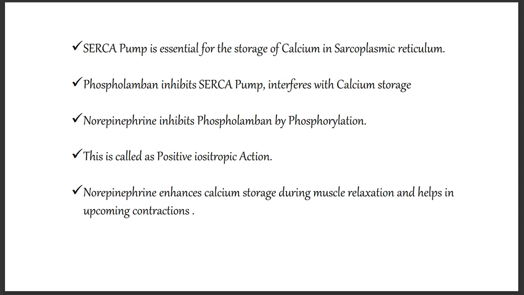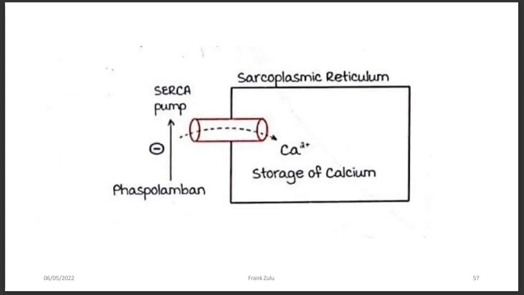And that is known as a positive inotropic action. Norepinephrine is going to enhance calcium storage during muscle relaxation and is going to help in the upcoming contractions. I'll talk about that later. So here you have your SERCA pump. Phospholamban is going to prevent the work of SERCA, so it prevents the storage of calcium.